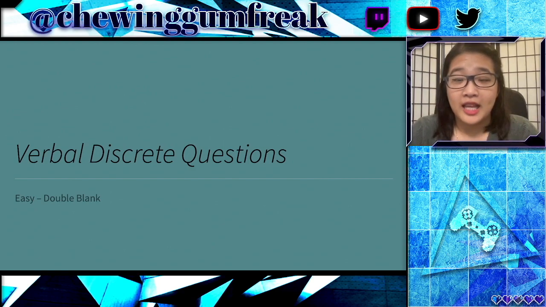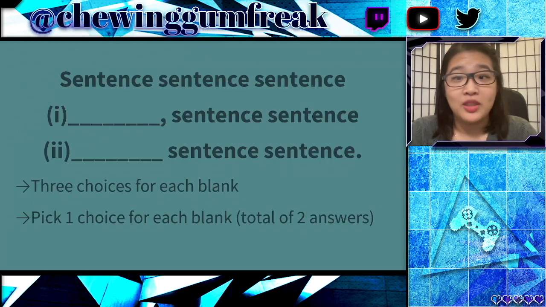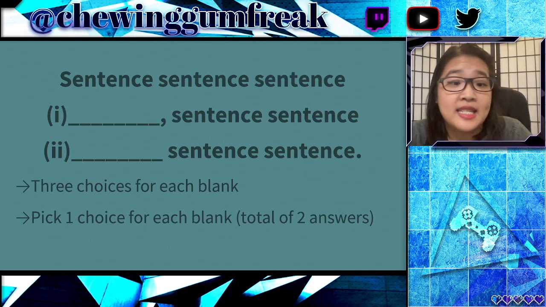Today we're going to be talking about double blank questions, and usually what they look like is something like this. You have a sentence, a blank, and then the rest of the sentence that has a separate blank. Each of these sentences has 3 different answer choices that you can choose from, and you pick one choice for each blank for a total of 2 answers.